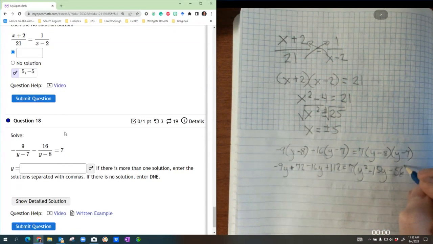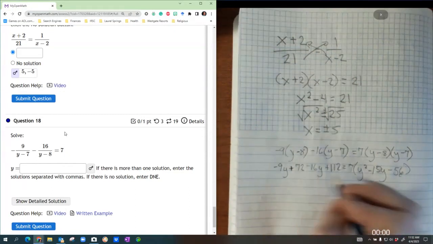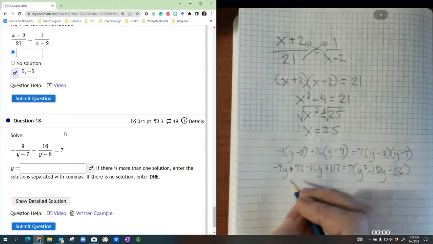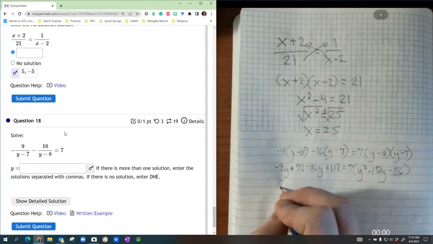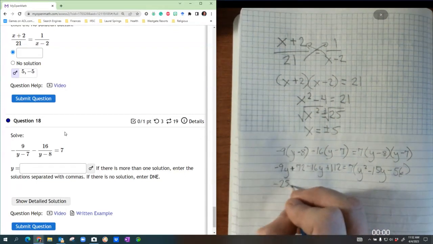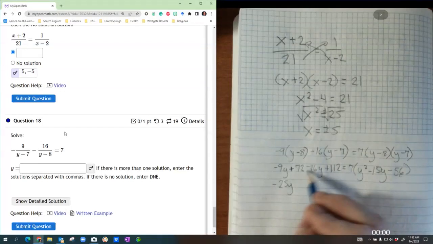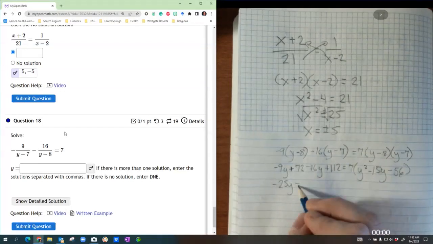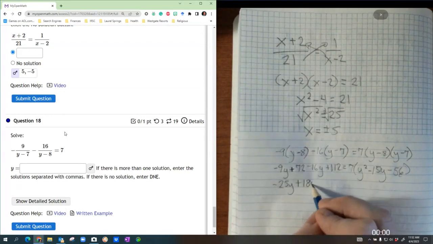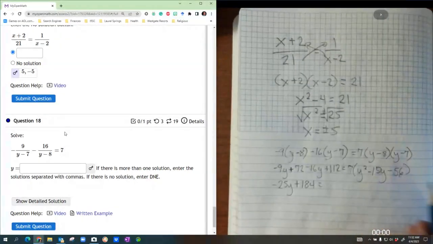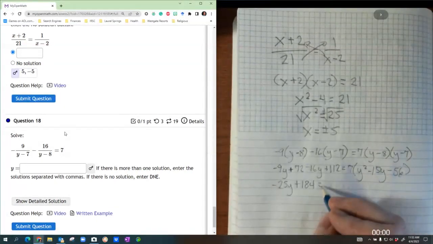Okay, now I'm going to do this. I've got to clean all this up, right? So I'm going to do this together. That's going to give me negative 25 y's. Then I'm going to add these two together. And then I'm going to do the distributive property with the 7 on everything.